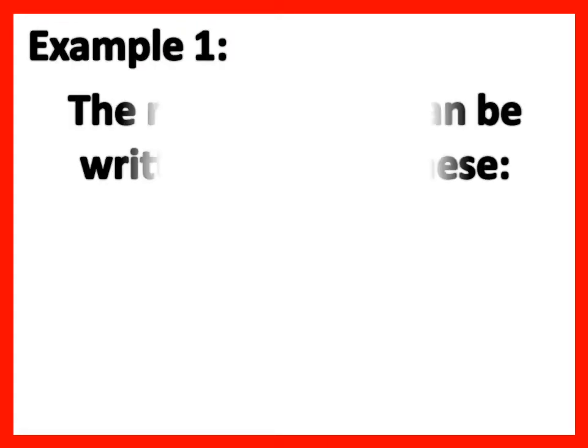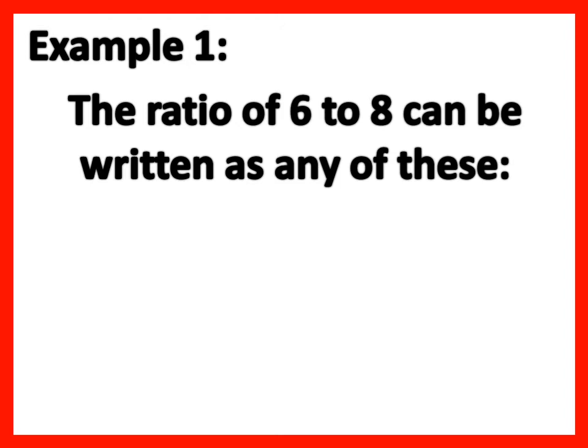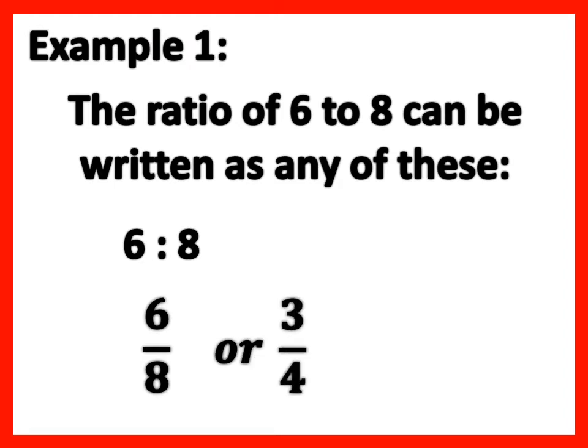Example number 1. The ratio of 6 to 8 can be written as 6:8 or 6 over 8. But 6 over 8 has a greatest common factor of 2. So 6 divided by 2 is 3 and 8 divided by 2 is 4.